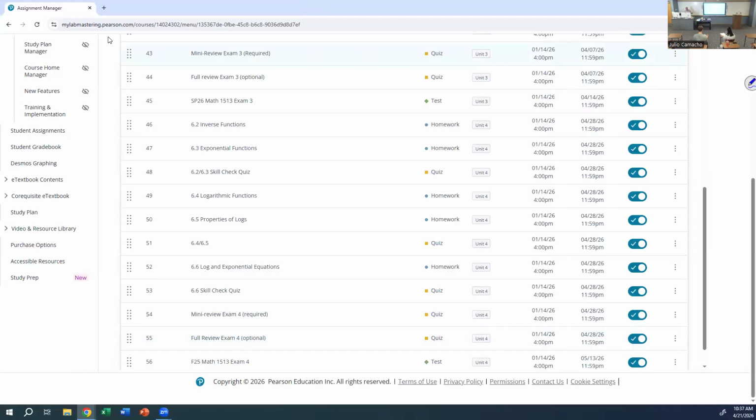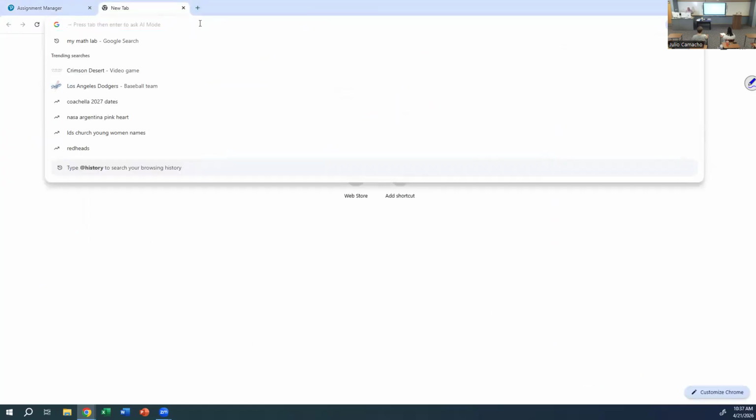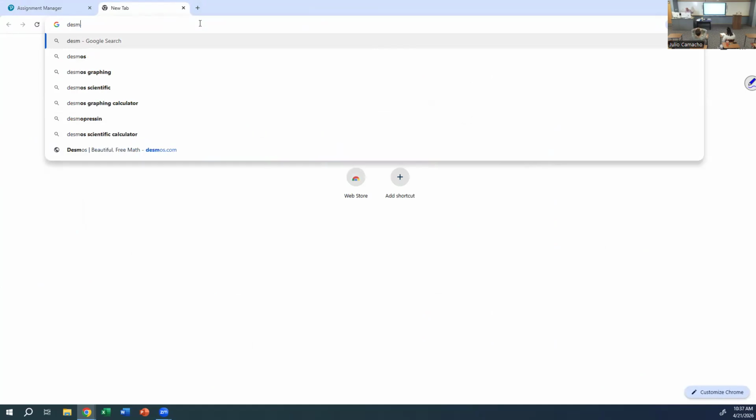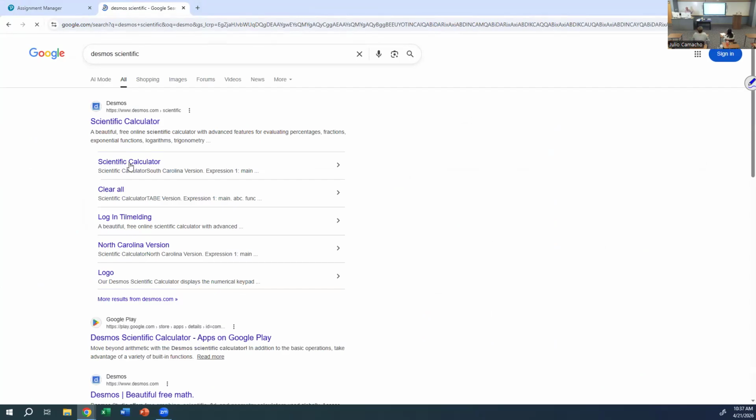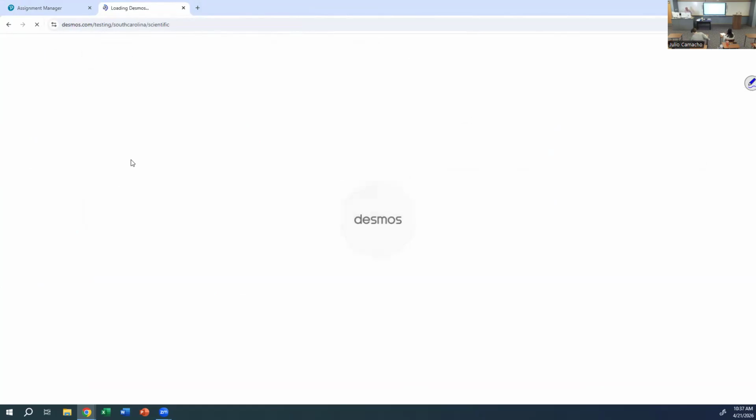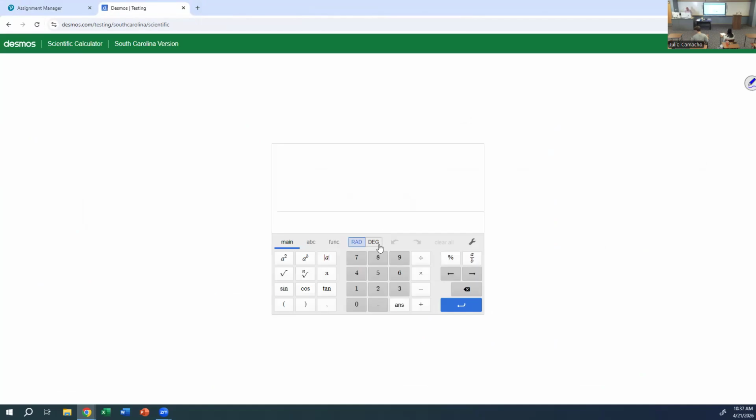Let me go here and let's put Desmos. Scientific calculator. So what we have to do is apply this. We have a fraction. The first thing you have to do is put in a fraction. There is a button you can use to put a fraction, and then you put in the top.